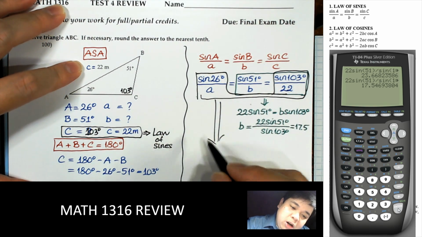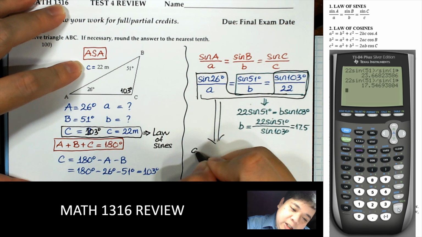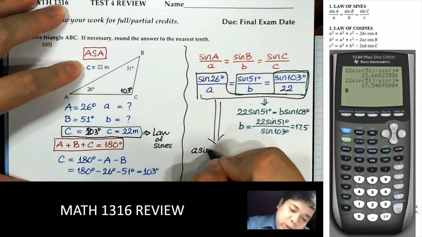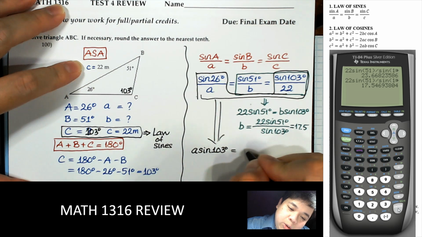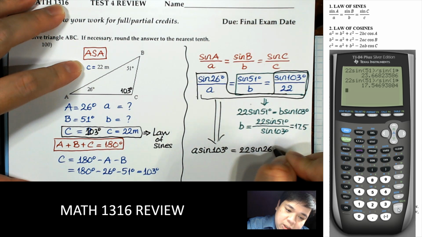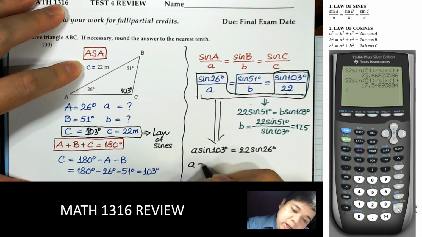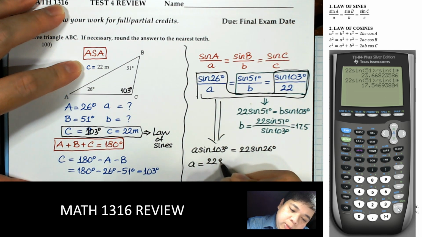Again, cross multiply. A sine of 103 degrees equal to 22 sine of 26 degrees. So for a we have 22 sine of 26 degrees over sine of 103.